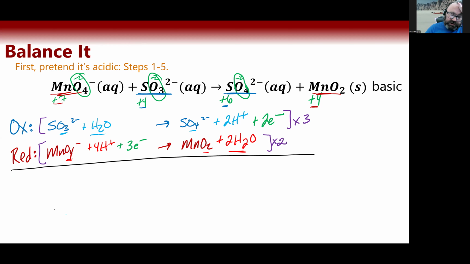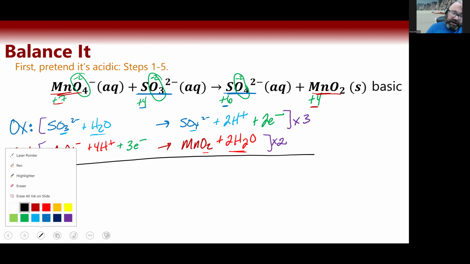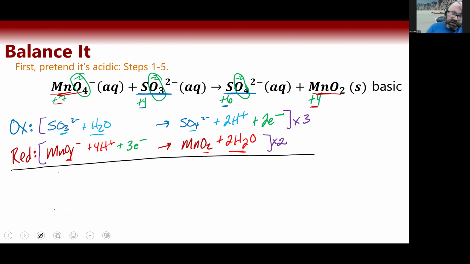All right, so our oxidation multiplied is 3 sulfite plus 3 water makes 3 sulfate, 6H plus, and 6 electrons.